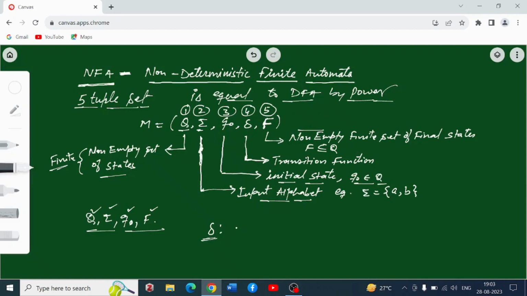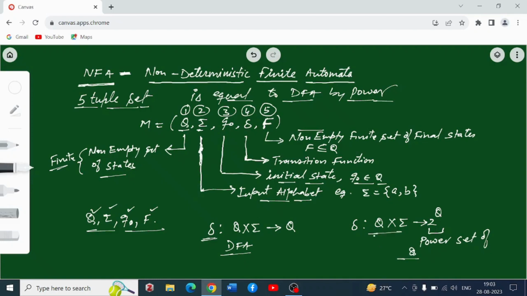In case of DFA, the transition function is defined as Q cross the input alphabet to Q. But in case of the NFA, the transition function is defined as Q cross sigma to 2 raised to power Q. Here 2 raised to power Q is the power set of Q, that is, the set of all subsets.